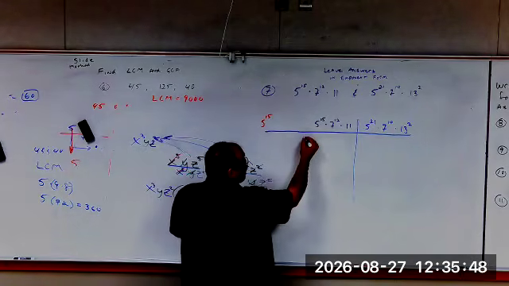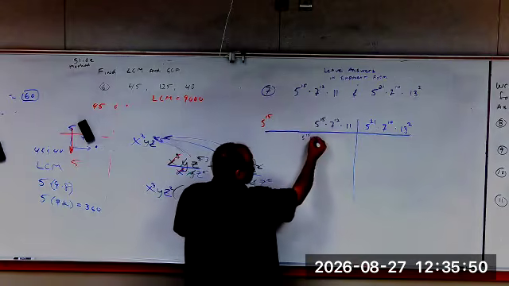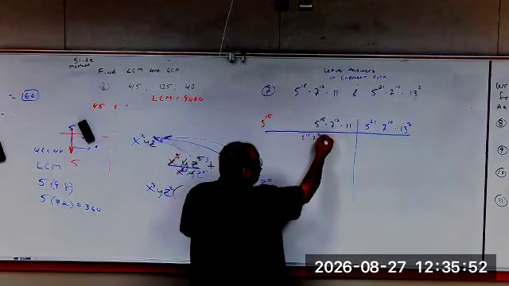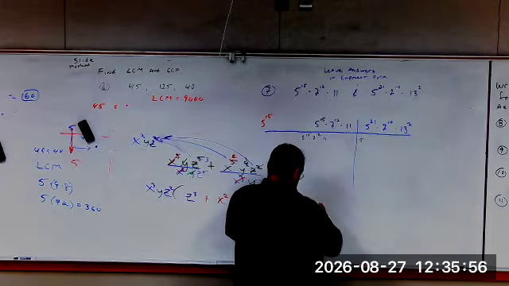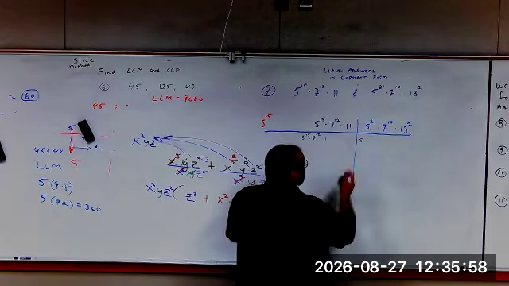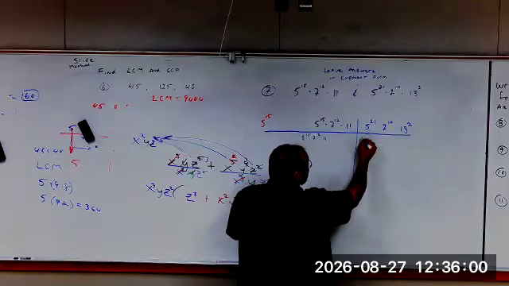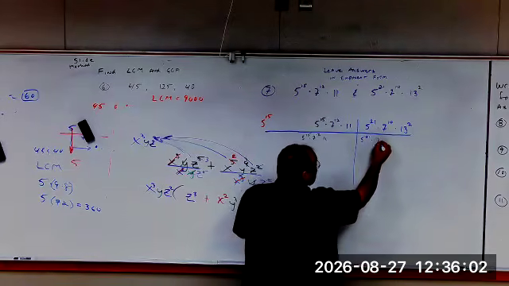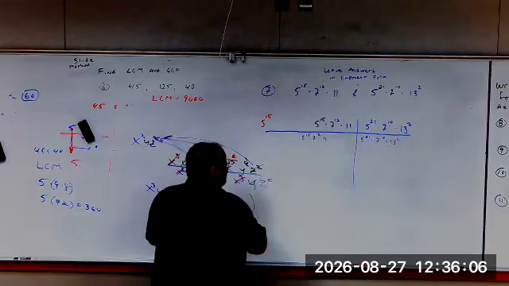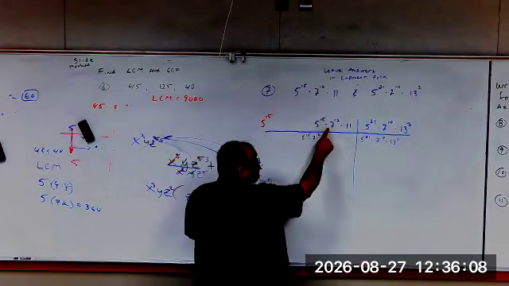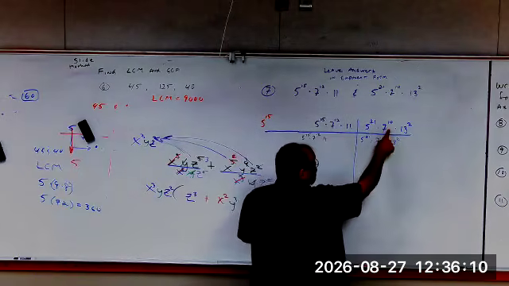I'm going to write this down over here. Maintain my color schemes. Then we go to the next factor, 7 to the 12th, and this one has a 7 to the 10th.